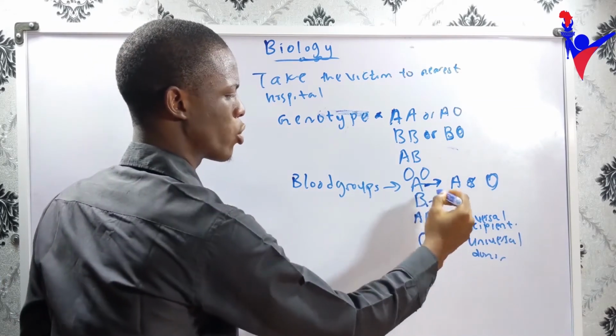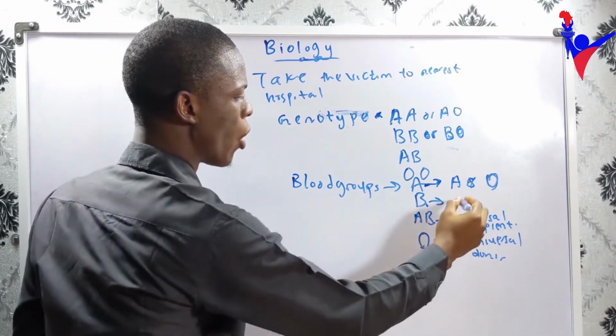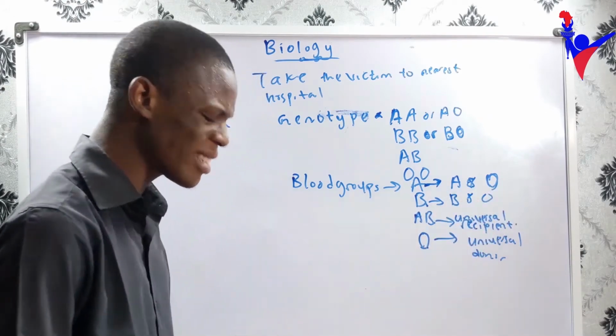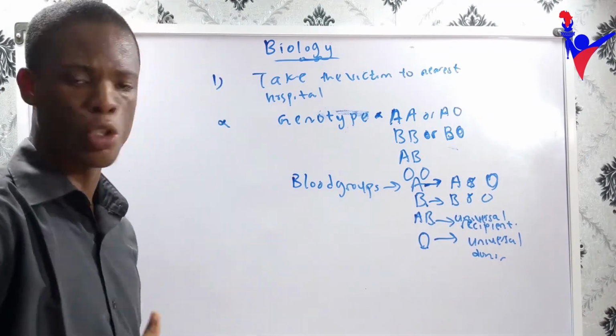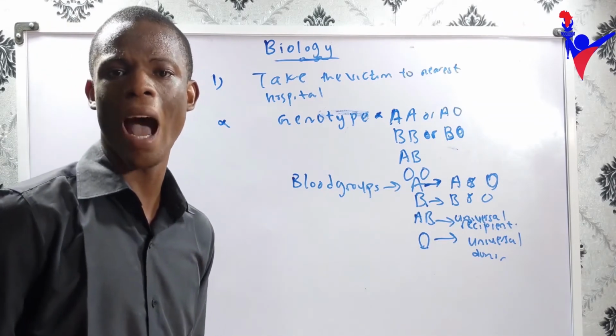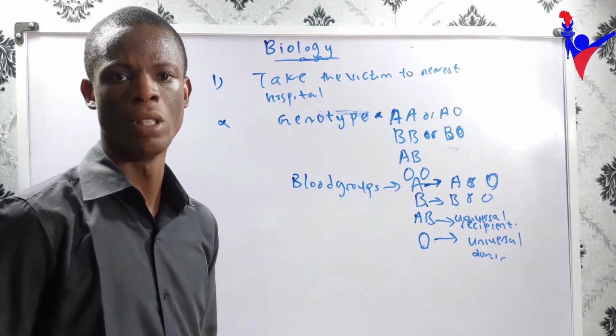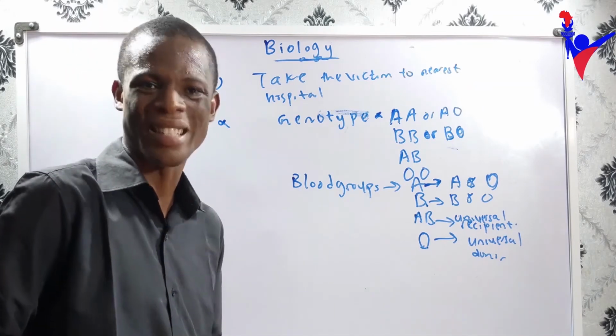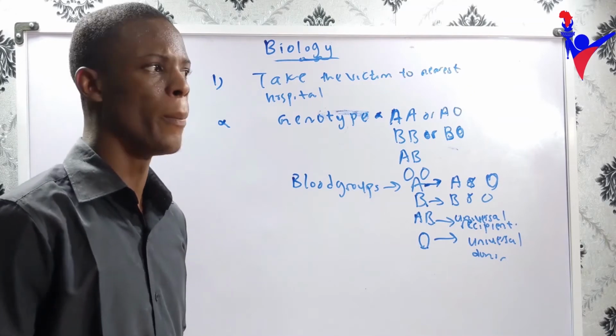Our B also can only receive blood from blood group B and O only. So this is why it is crucial to determine the blood group of the man to avoid agglutination. Agglutination is very important to consider so as to save the life of the patient that we have.